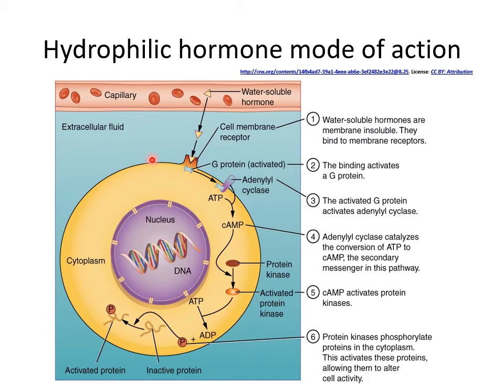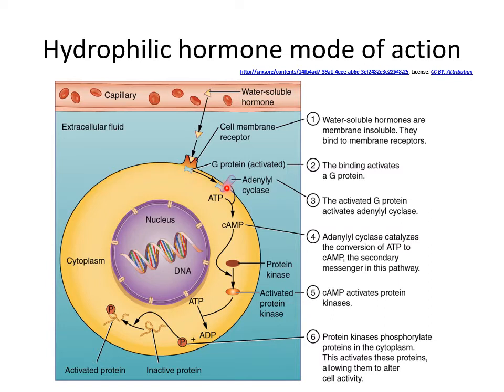Therefore, hydrophilic hormones will activate cells by binding to receptors on the surface of the cell. And this allows a conformational change in this protein that will change the shape of the protein on the inside of the cell, on the inner leaflet of the membrane. And that will allow it to activate G proteins that are associated with the receptor.